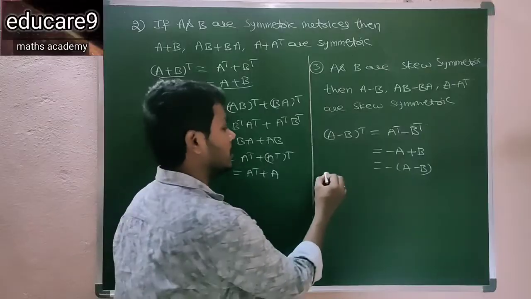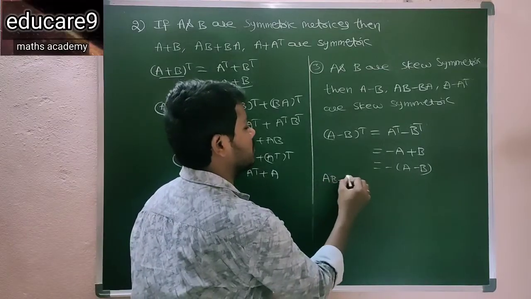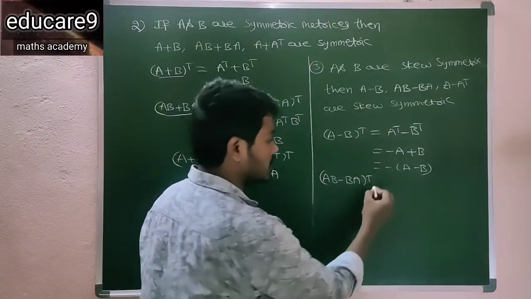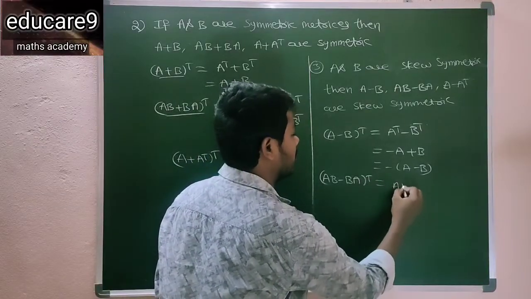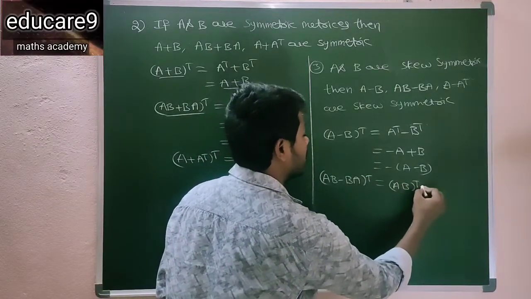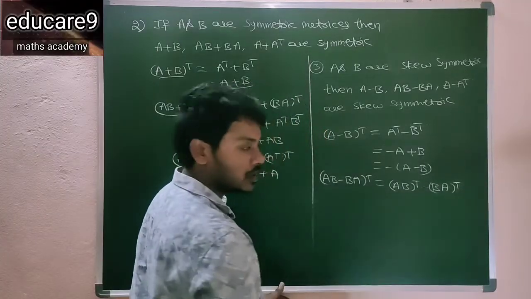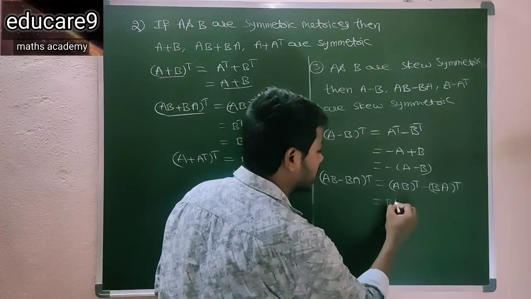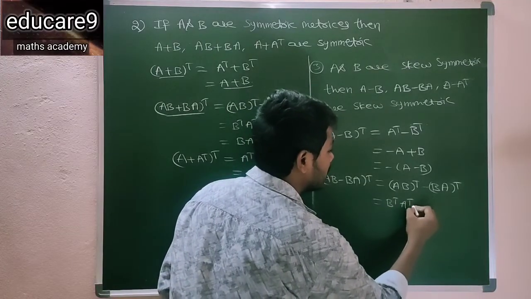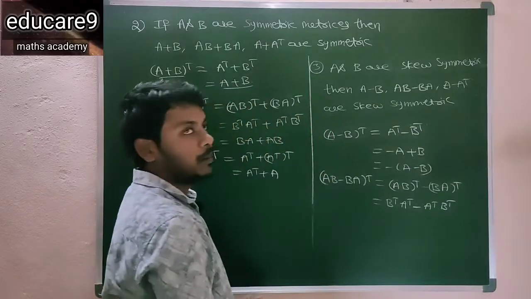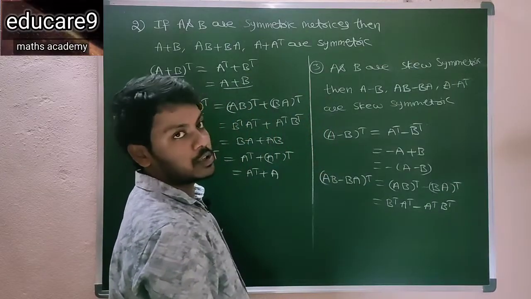So next one, AB minus BA whole transpose. So this is AB whole transpose minus BA whole transpose. So this is B transpose A transpose minus A transpose B transpose. But A and B are skew symmetric.